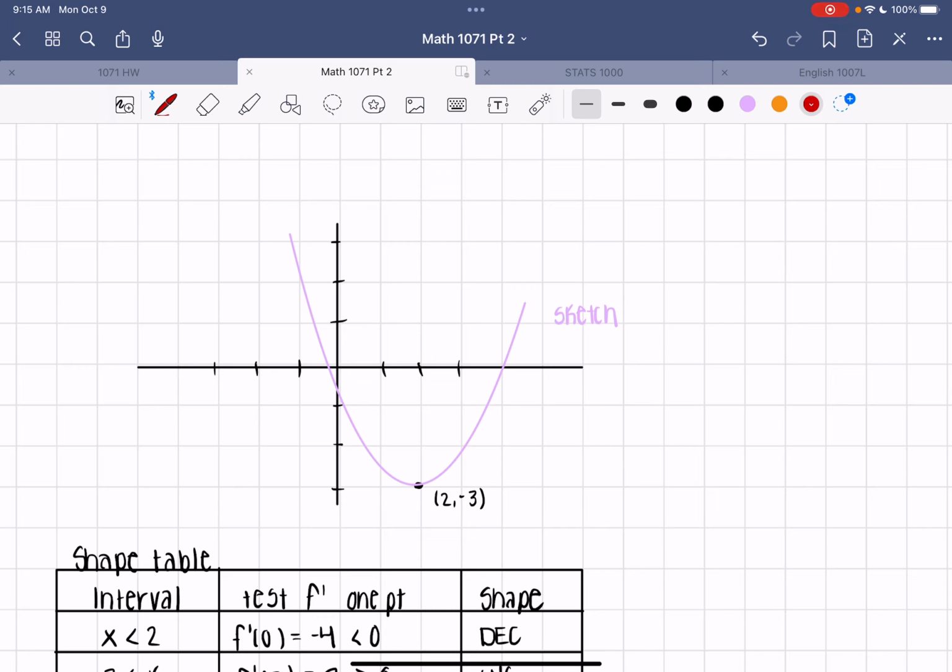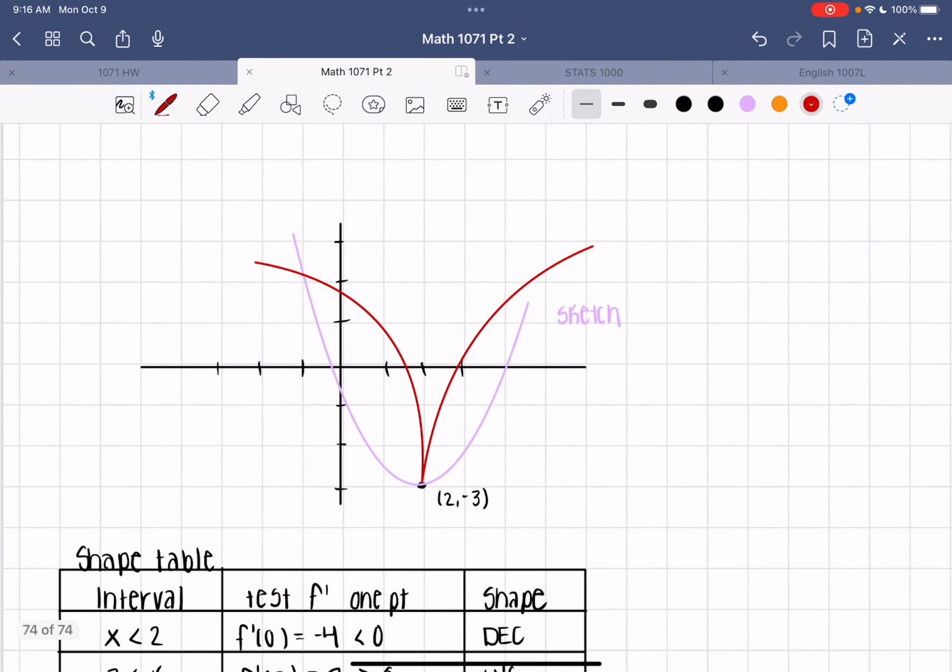But 5.2, here's what we're going to be talking about today. 5.2, we're going to talk about something called concavity. And what we're going to see is that the parabola is concave up, which is why the purple is correct and the red is wrong.